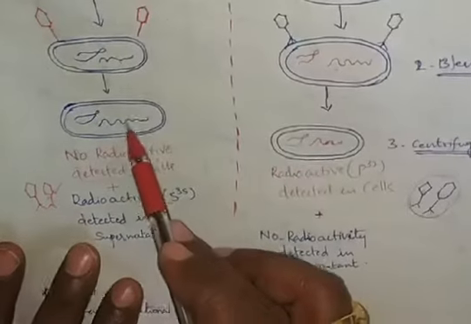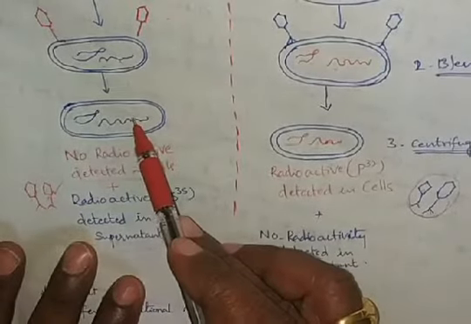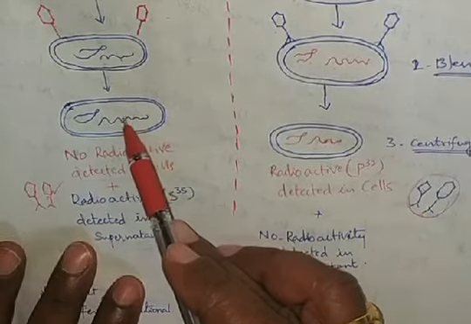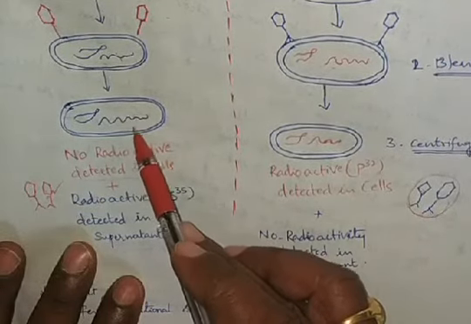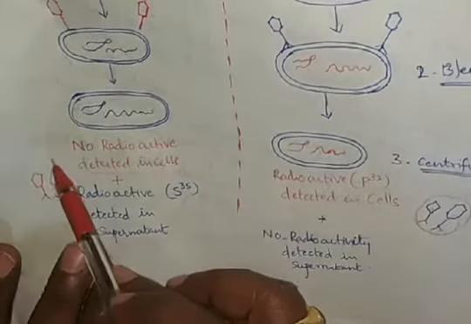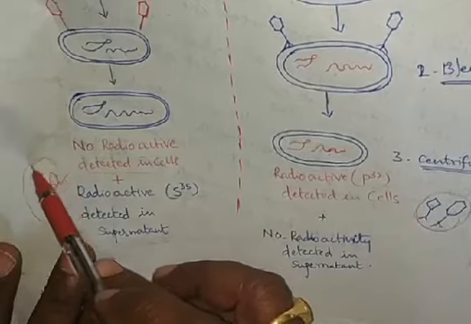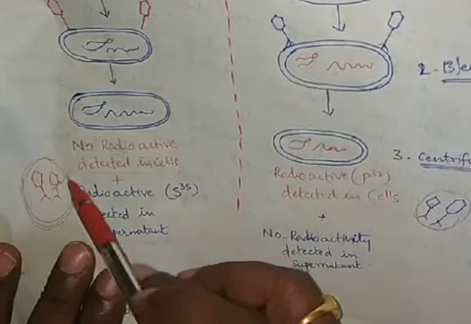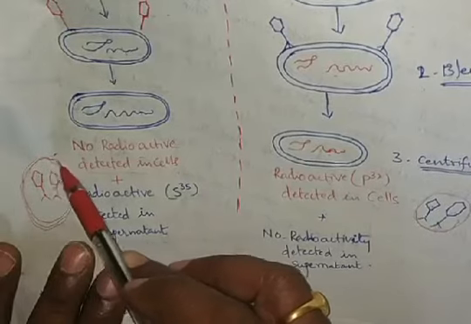So here the material that entered into the bacterial cell is also a DNA, because it has no radioactivity. Where is the radioactivity seen? On the separated virus coat material. Radioactivity of the sulfur is seen in the coats of the bacteriophages.